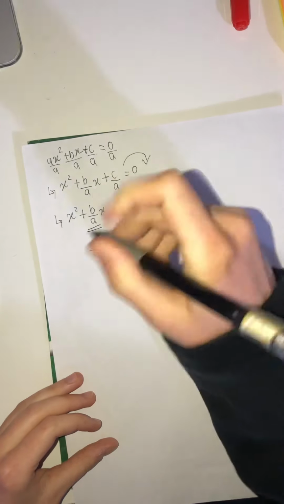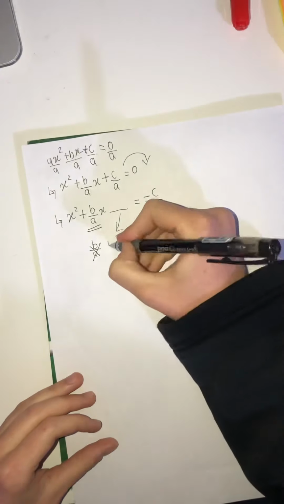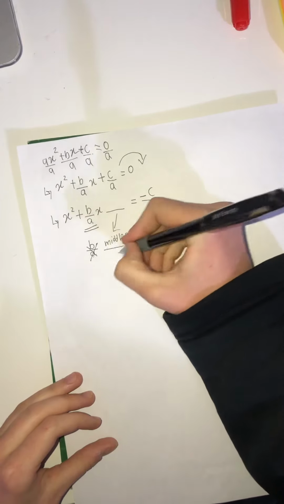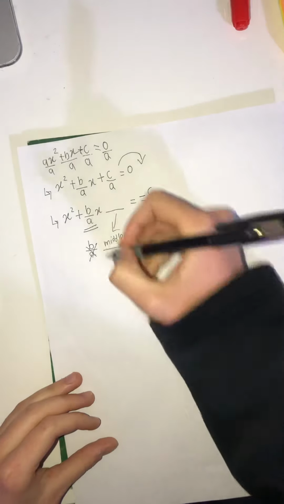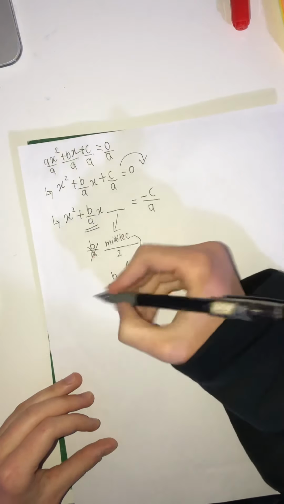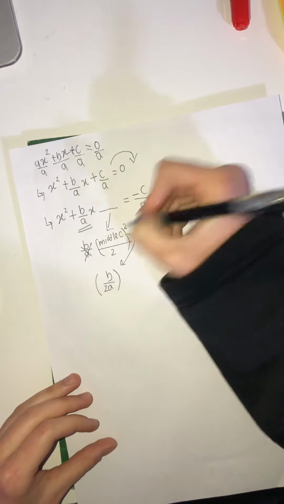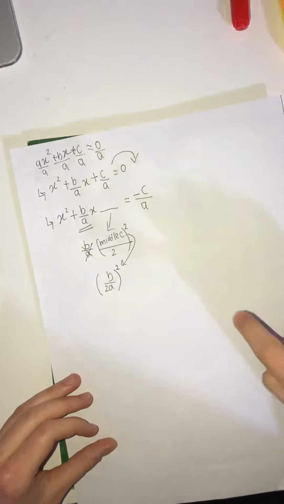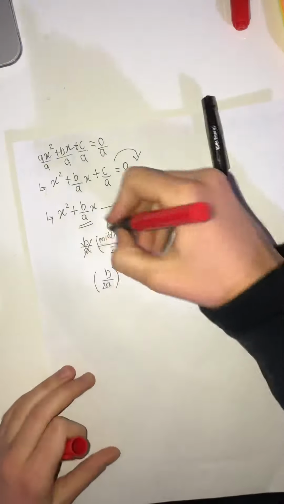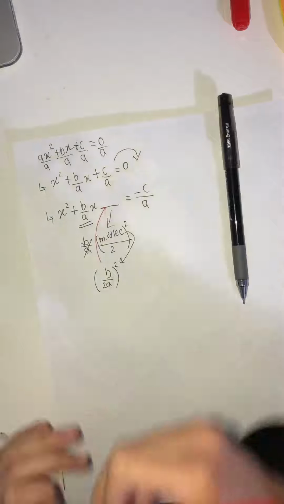What we do for this is bring the middle coefficient, divide it by 2, so b over a divided by 2, and then square it, raised to the power of 2. So the middle becomes that. That's how we derive that one.